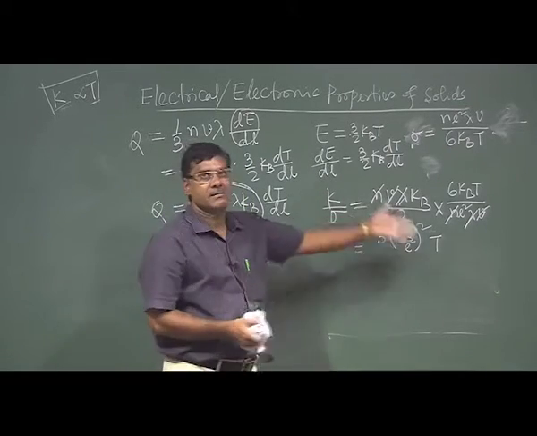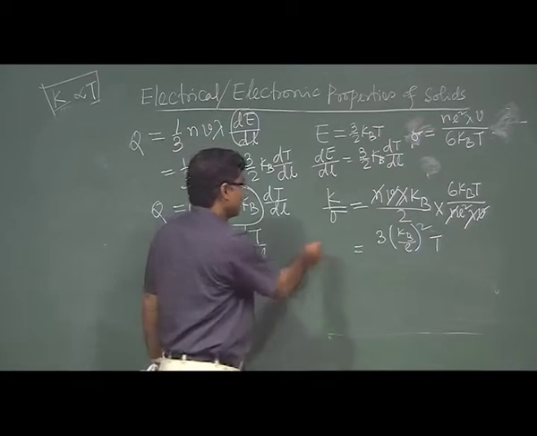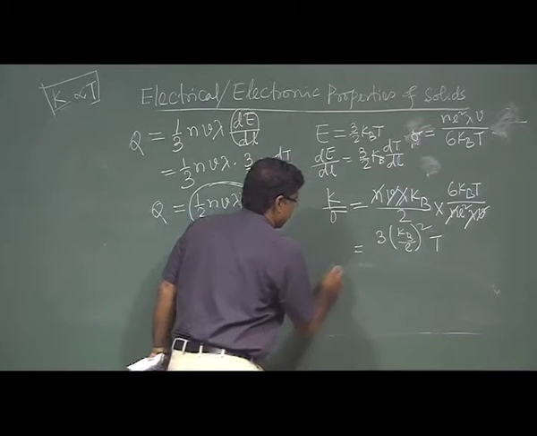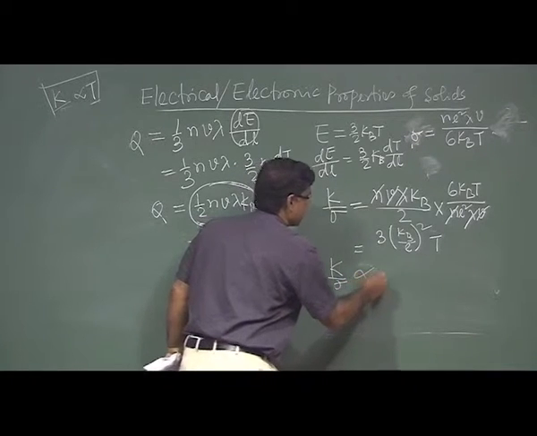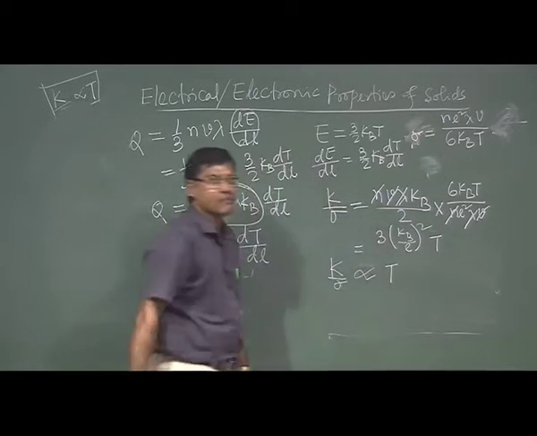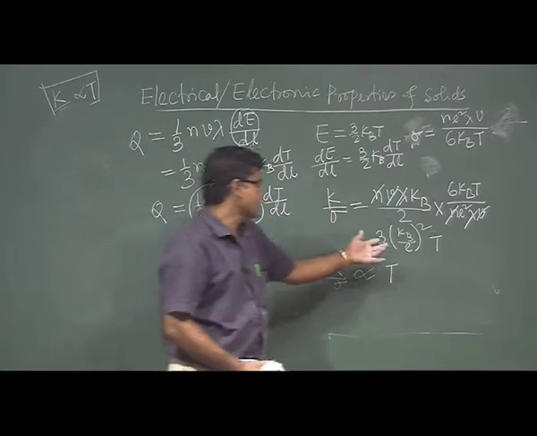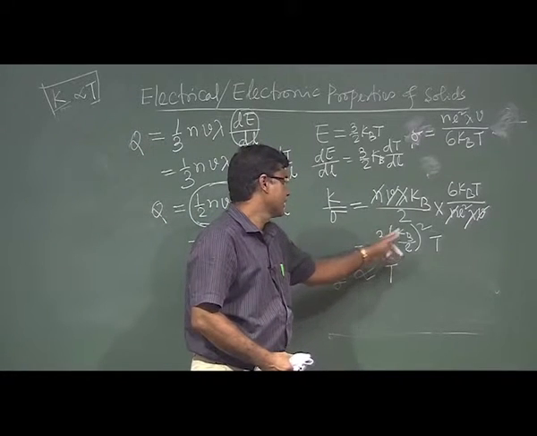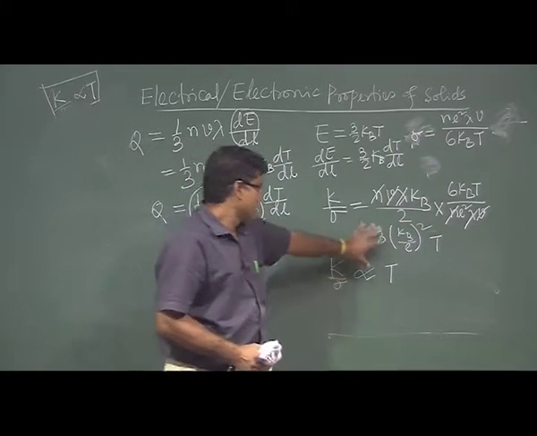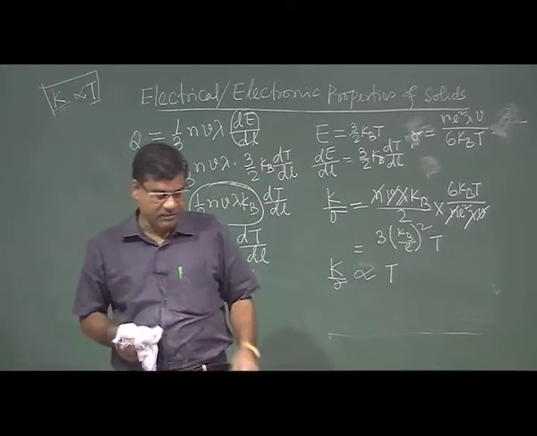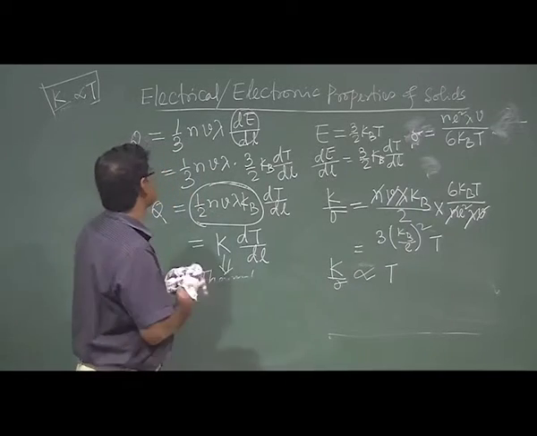So, obviously, this K by sigma is proportional to T, and this proportionality constant is 3 kB by e whole square, right. So, that is the Wiedemann-Franz law, as I mentioned.